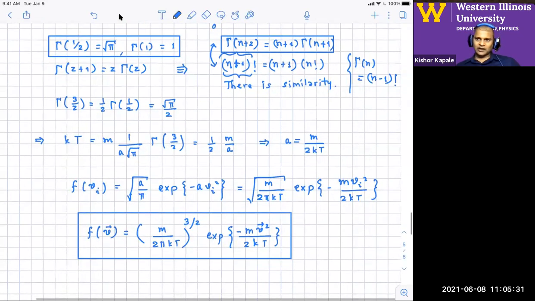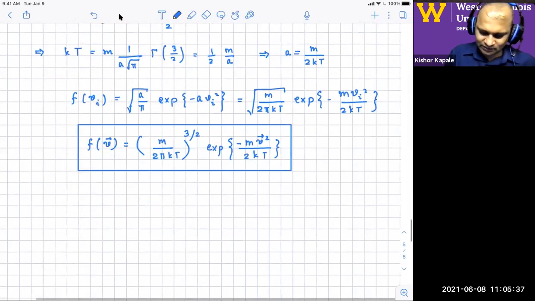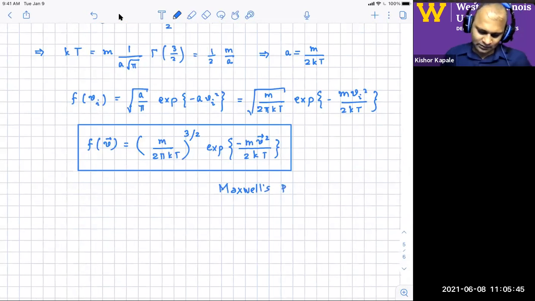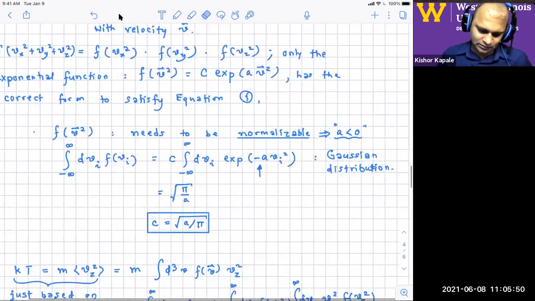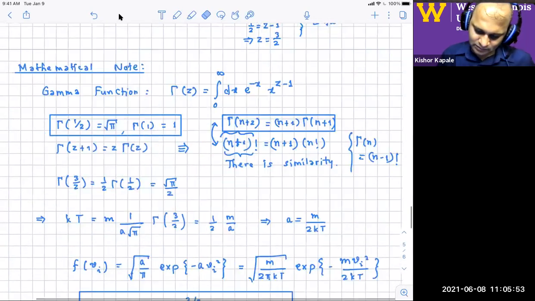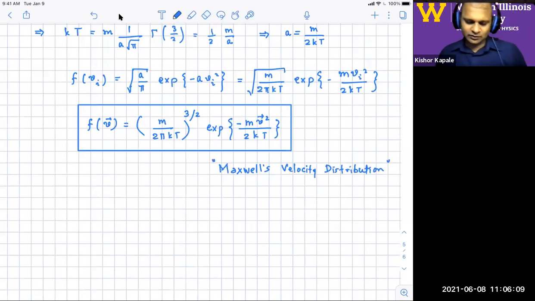So we have now been able to establish the Maxwell-Boltzmann velocity distribution. Okay, so that's what we just proved.